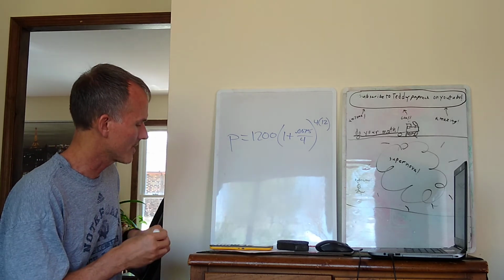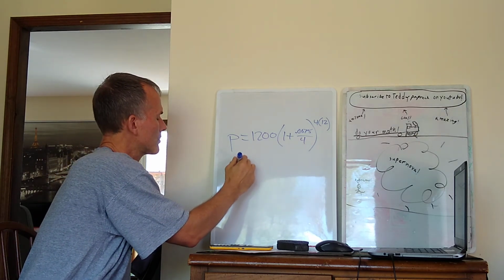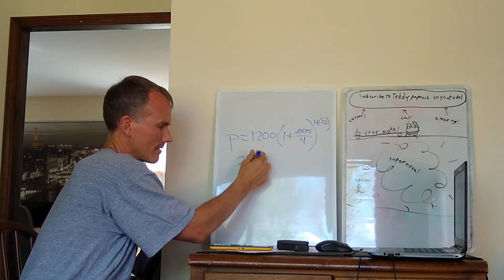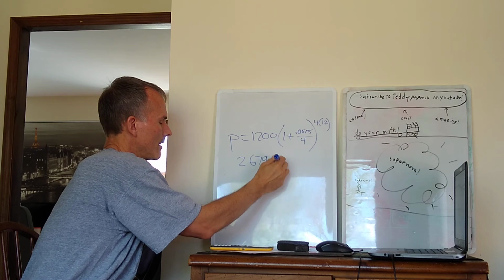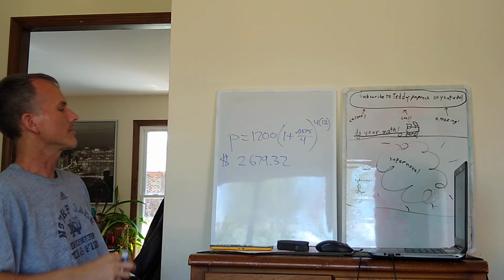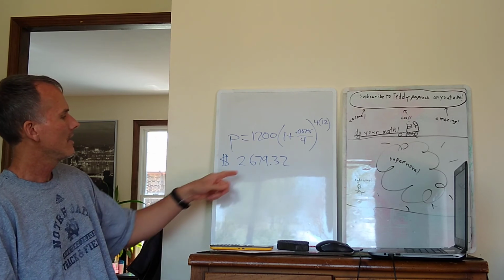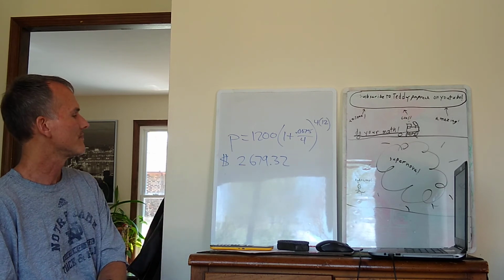I just did this and I got $2,679.32. So you started with $1,200, and after 12 years, it's become this much.